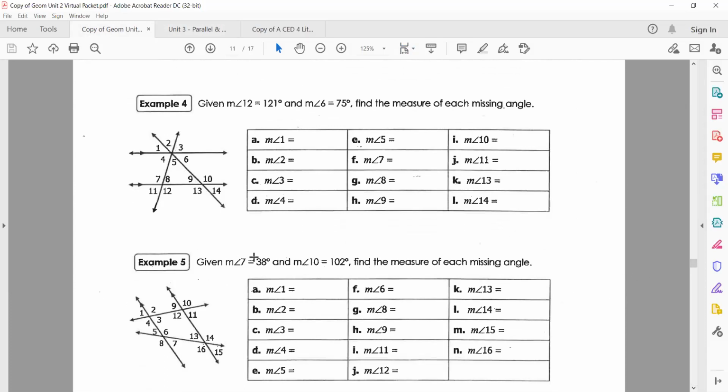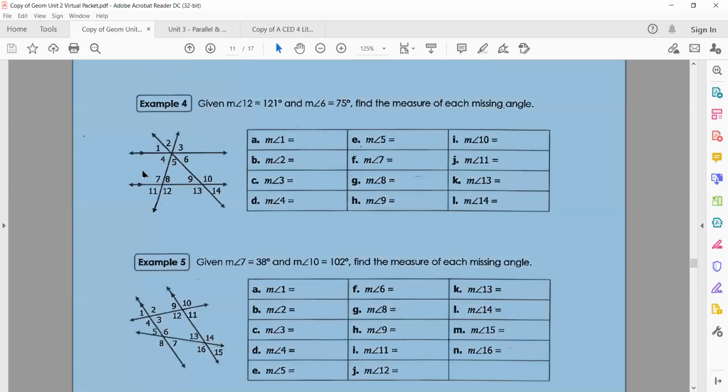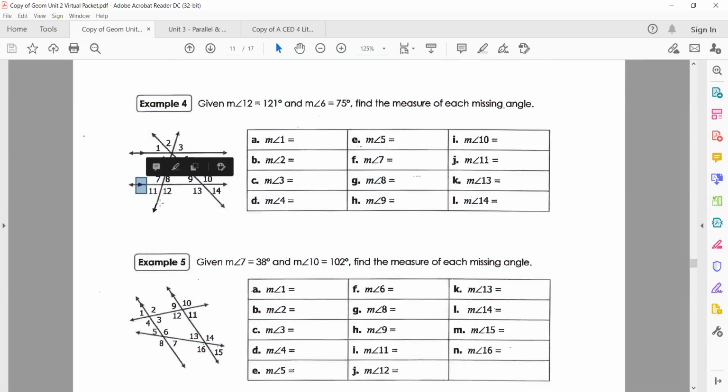The thing that I noticed first is that the horizontal lines on example 4 are the ones that are parallel, because they've got, again, a little arrowhead in the middle of the line. So these other 2 lines are just 2 separate transversals.